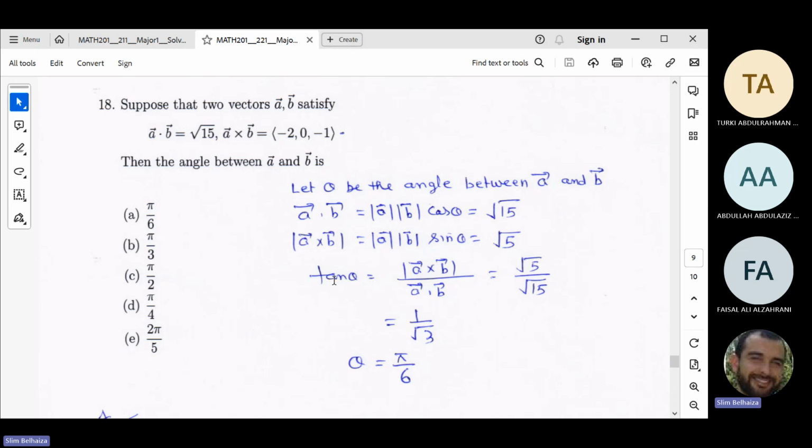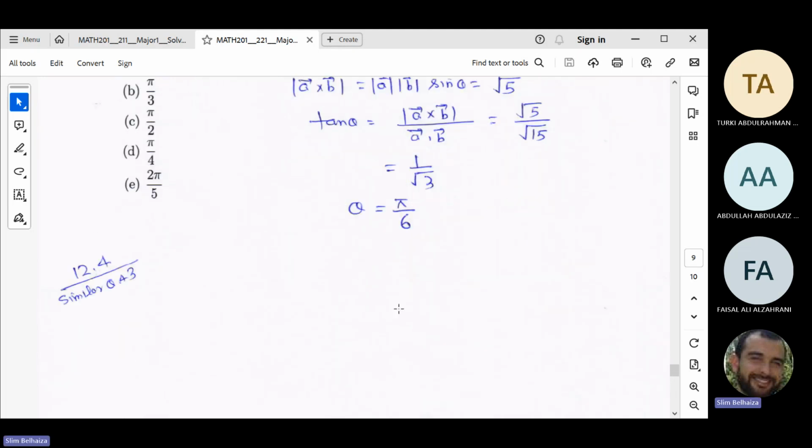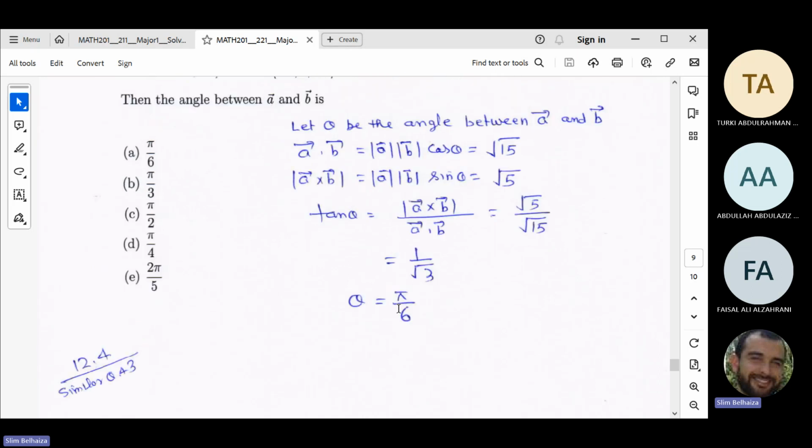So you have the value of tan theta, which is 1 over square root of 3, and we know that theta would be pi over 6, because that's the unique solution from minus pi over 2 to pi over 2.